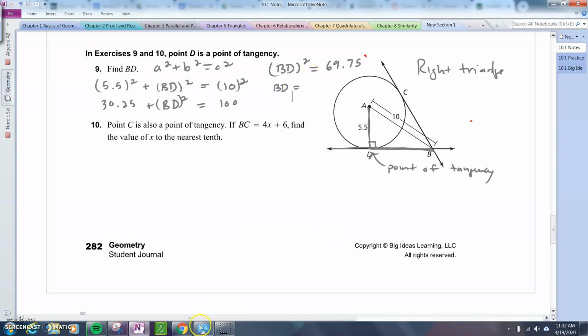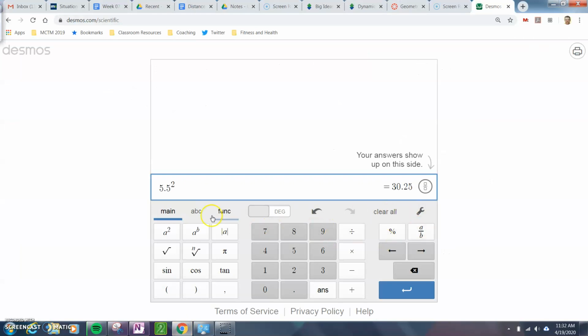Again, I'm going to jump to my Desmos calculator. So I had that 100, and I subtracted out that 30.25, and I got the 69.75. So now I want to take the square root. I'm going to clear this first, excuse me. Let's take the square root of 69.75, and I'm going to get 8.35.